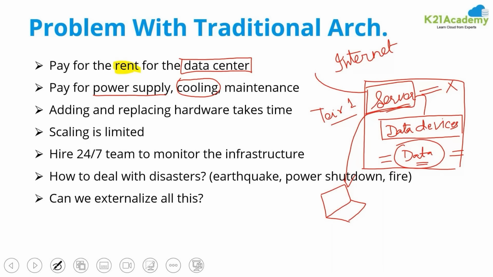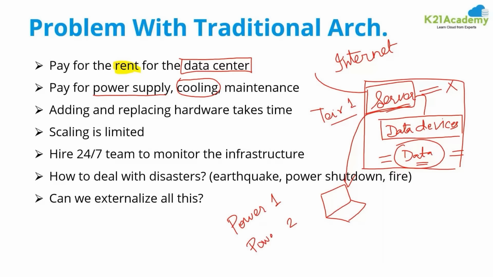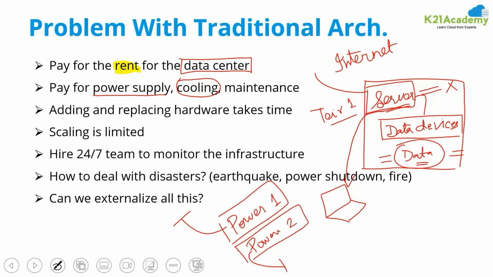That means if one power supply goes down, I should get power from my second power supply. So I take one power connection from one electricity board and another from a different electricity board. If there is an issue in one power plant, I must get power from the other one. Like that, redundancy is required to be maintained in data centers.